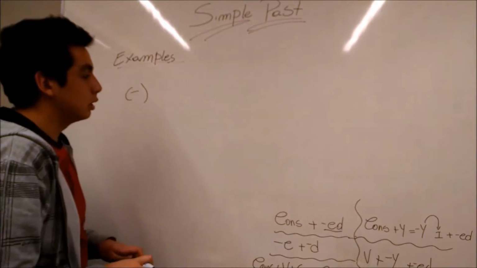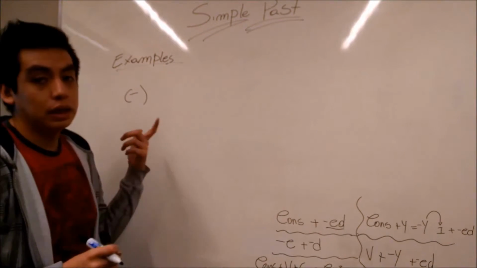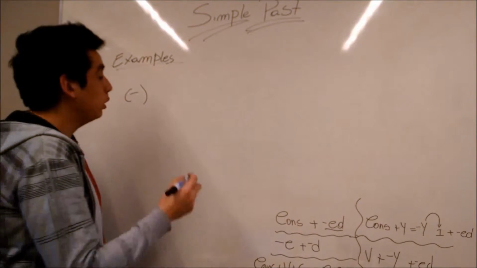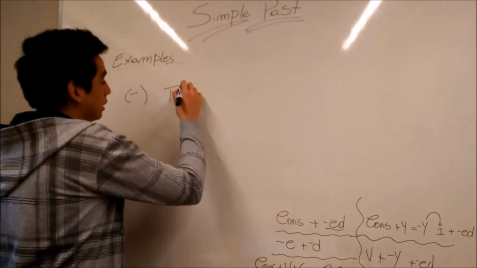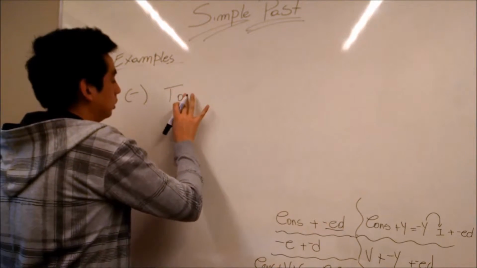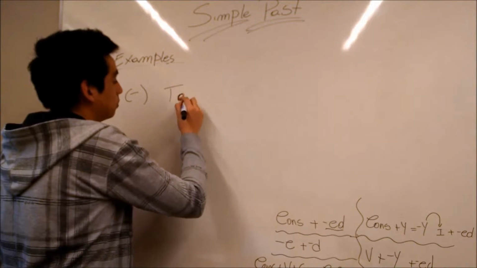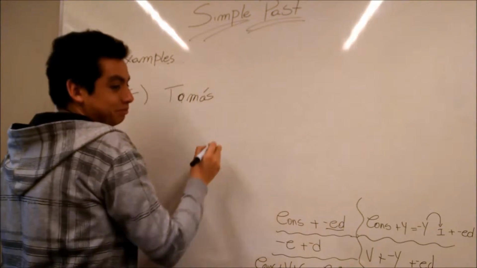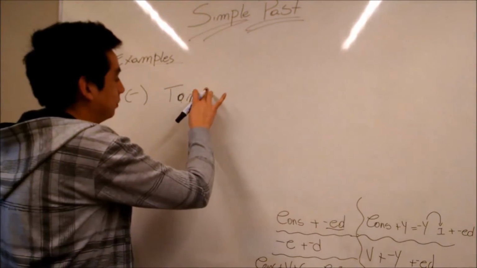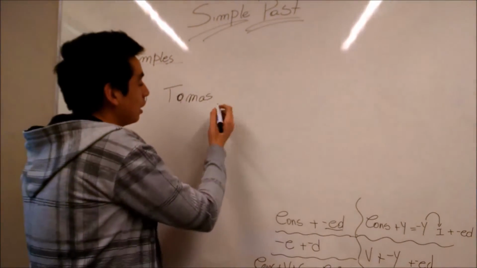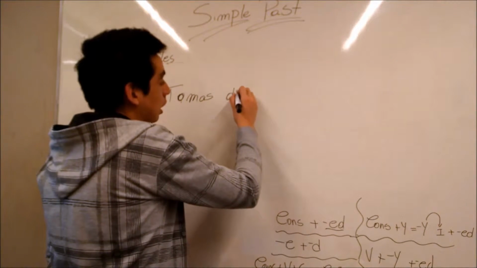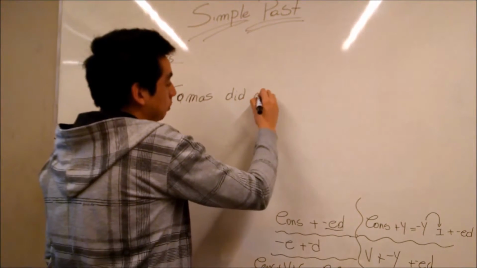In the case of negative sentences, as I said before, we use a subject. Tomás, for example. This is a very Spanish name. Our auxiliary verb did, last night.